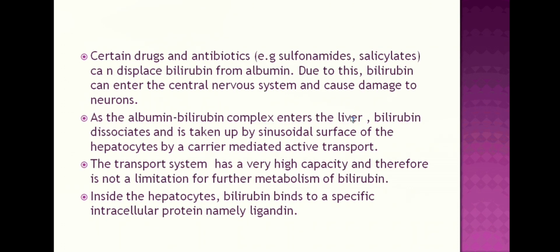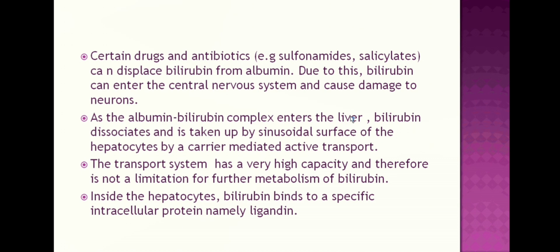Certain drugs and antibiotics can displace bilirubin from albumin, that is sulfonamides and salicylate drugs. Due to this, bilirubin can enter the central nervous system and sometimes cause damage to neurons.